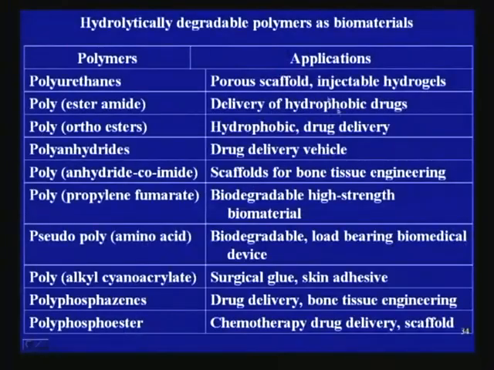I am not asking that you have to remember everything, it is not possible, even for me. But if you see that these are the things available, and it is exposed to you, you see large kinds of different applications using these polymers. In your professional career you may find it convenient when you need them.